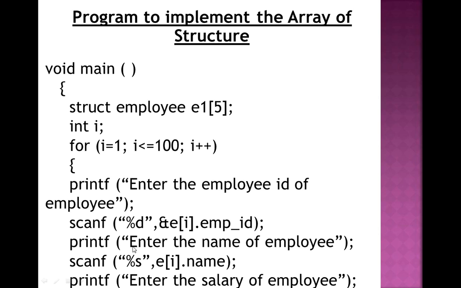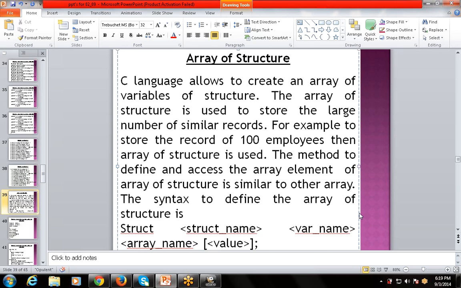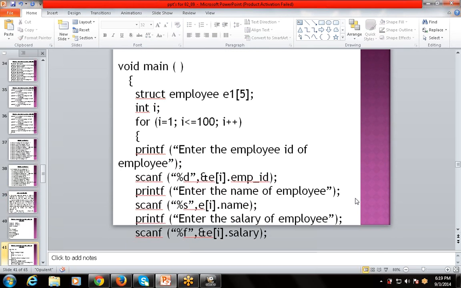Then the next line says printf, enter the name of the employee. Now this is used for entering the name of the employee, that is scanf %s E1[i].name. Here E1[i] means first of all 0, 1, 2, 3, 4 till 100 points. Then enter the salary of the employee.